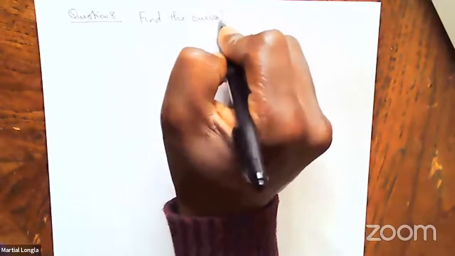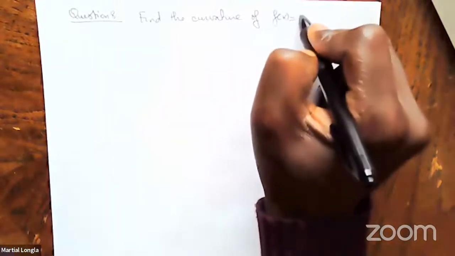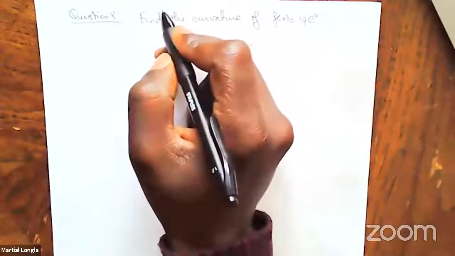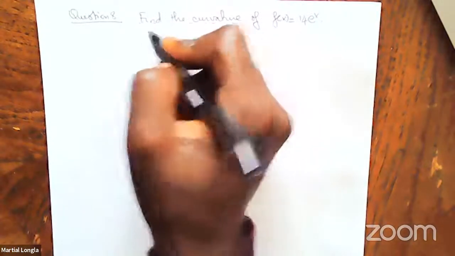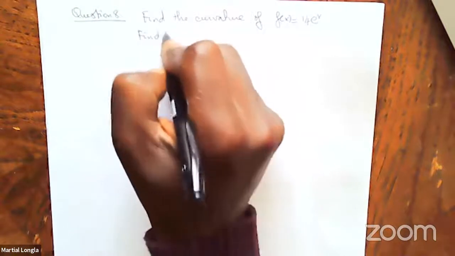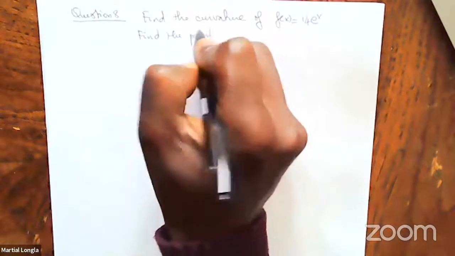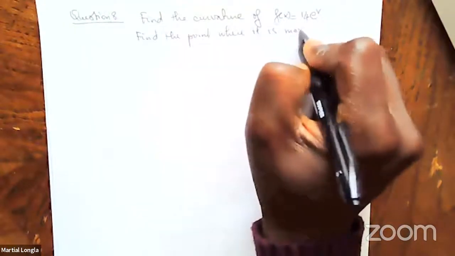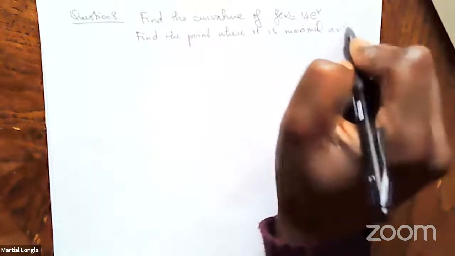Find the curvature of f of x equals 14 e to the x, and find the point where it is maximum, and the maximum.